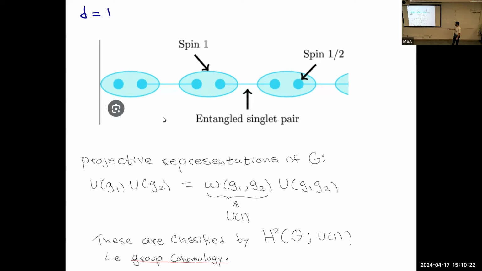This is a projective representation of your group G. G acts on each side. Projective representations turn out to be classified by what is known as the second group cohomology. I know most of you are not familiar with group cohomology, and I'm not going to familiarize you much more.